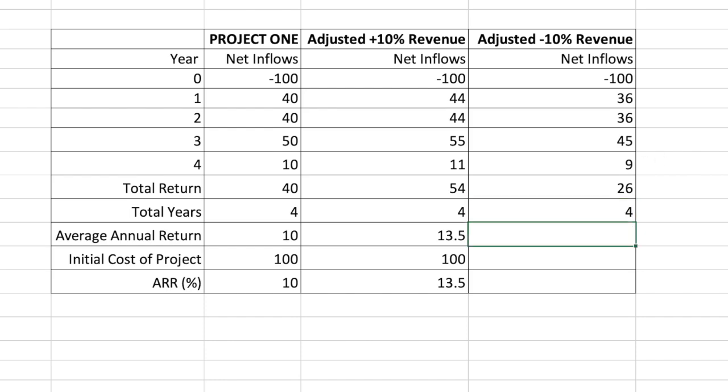The years are still the same. And the average annual return will be simply the total returns divided by the number of years, which is 4. And then we need to take the initial cost of the project, which is 100.